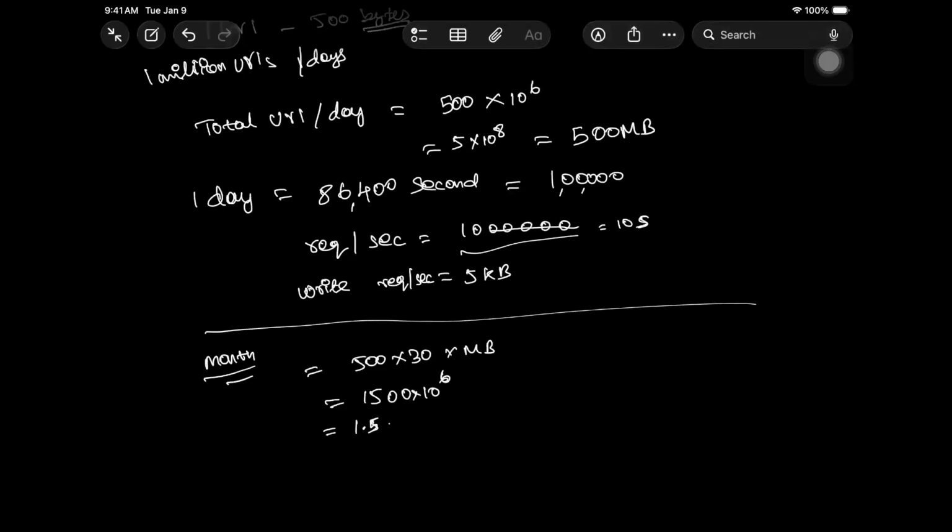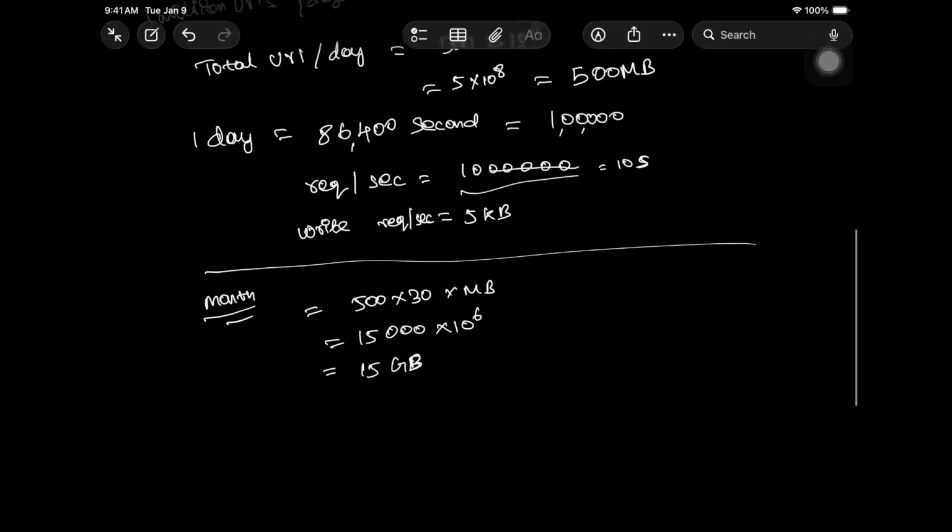Oh no, it's wrong. 900 would be 3 zeros, so we missed two zeros. 15 into 10 to the power 6. So this is 15 GB per day, 500 MB, and per month 500 GB.